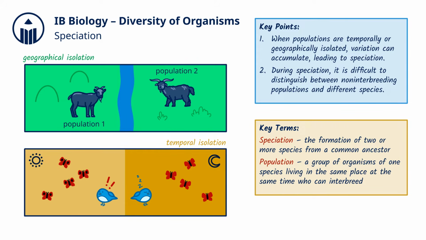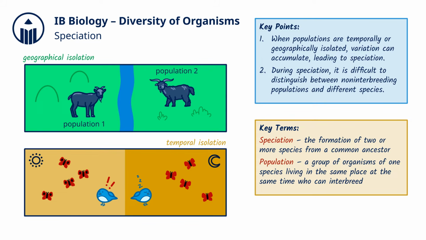Meanwhile, others remain active during daylight, relying on large, eye-like wing patterns to deter predators by mimicking larger animals. Because the two groups are active at different times, they no longer interact or mate. Over time, as they adapt to their distinct ecological niches, genetic differences accumulate, eventually resulting in the formation of two separate species. However, this showcases the complexity of defining species, as we discussed earlier.